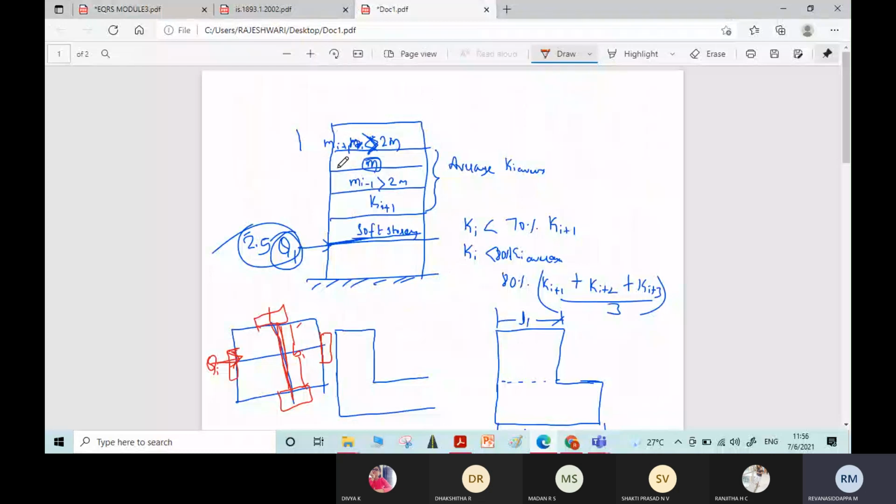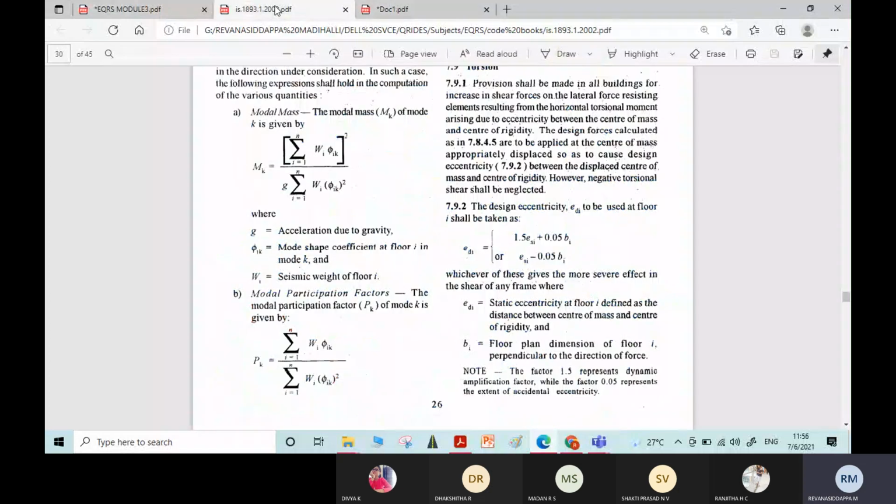Because of that inertia, initially it will resist a good magnitude of earthquake force. When its resistance to the initial magnitude of the earthquake forces decreases, then the building starts vibrating. When the building starts vibrating, the problems will be more. The cracking of the masonry and the torsional effect, everything will be higher. But at the initial stage, definitely it will contribute towards handling the earthquake forces.